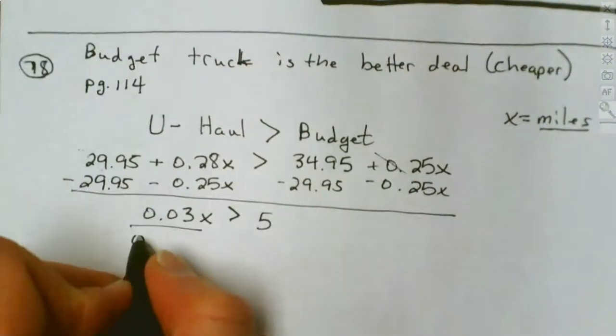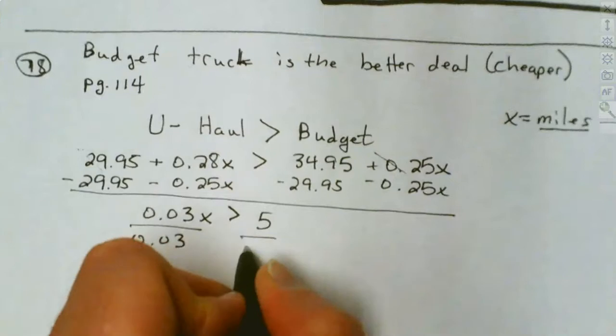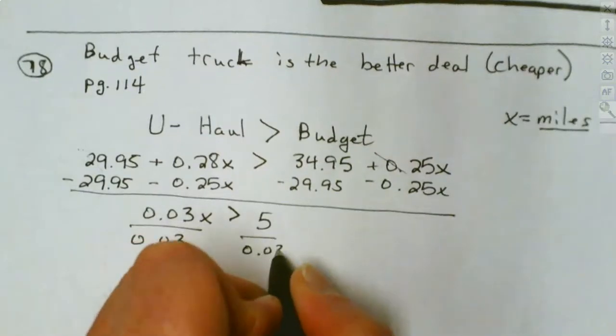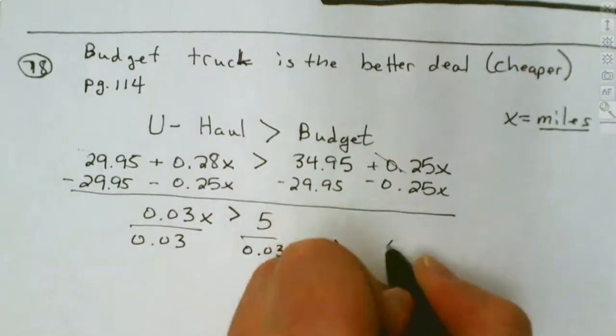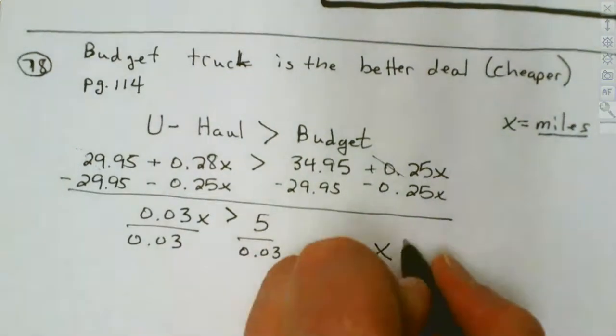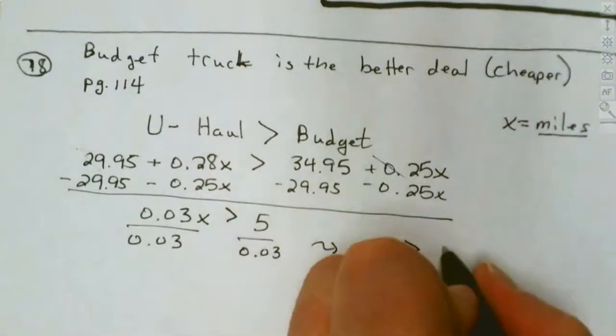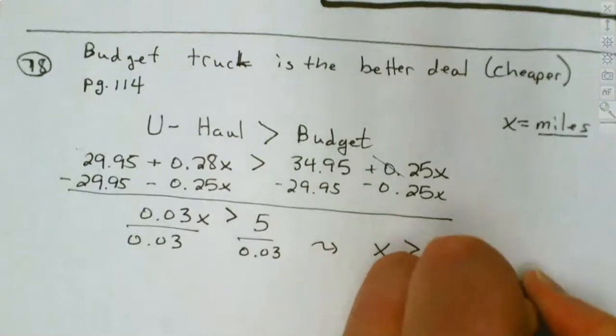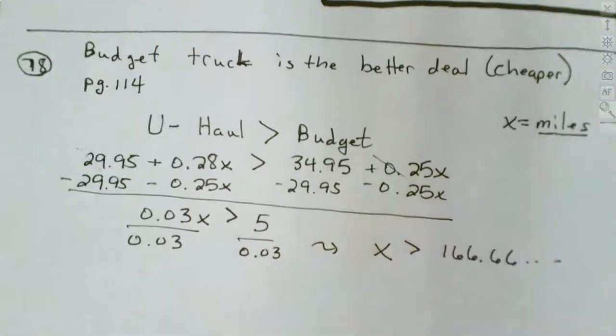Divide by your 0.03. Inequality symbol stays the same. And 5 divided by 0.03. Well, that comes out to be 166.66, goes on forever.